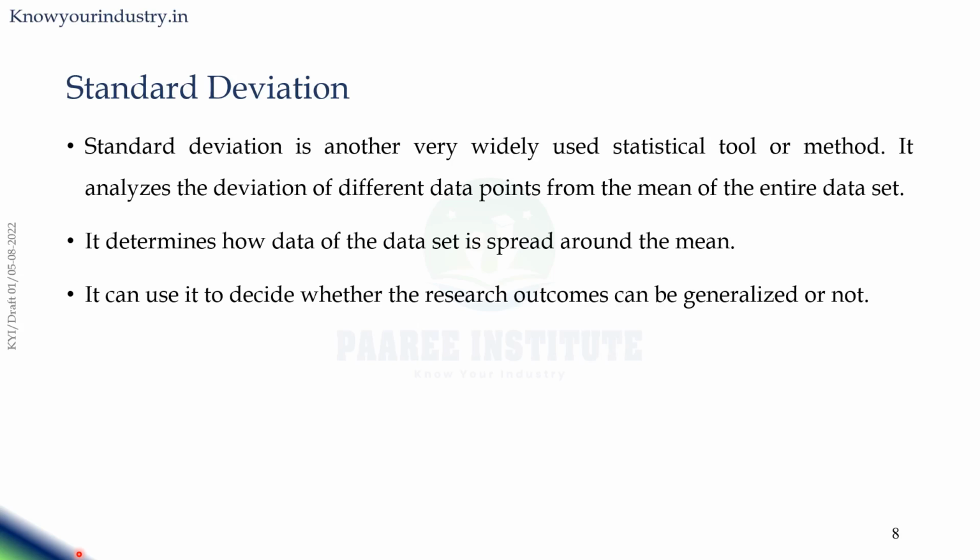If the standard deviation is very high, the variation is very high, and then you can't generalize the outcome of that analysis based on the mean. So the mean is not the only tool to be used to take a decision about the statistical analysis, but it is the most widely used statistical tool to take the outcome of the analysis. However, it depends on the standard deviation, how much we are getting from the analysis.